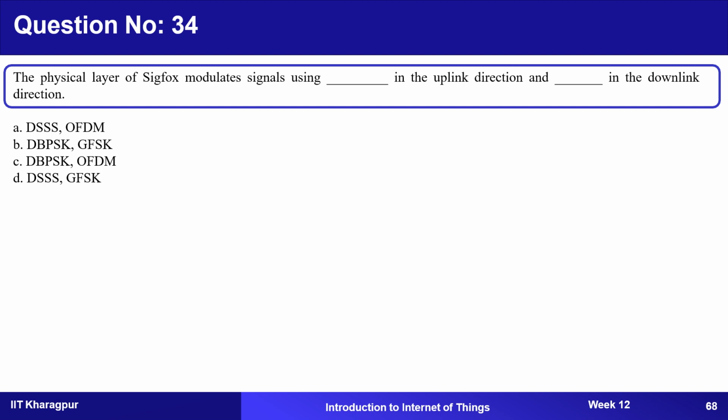Anyone? Correct option for this is D, DBPSK and GFSK.